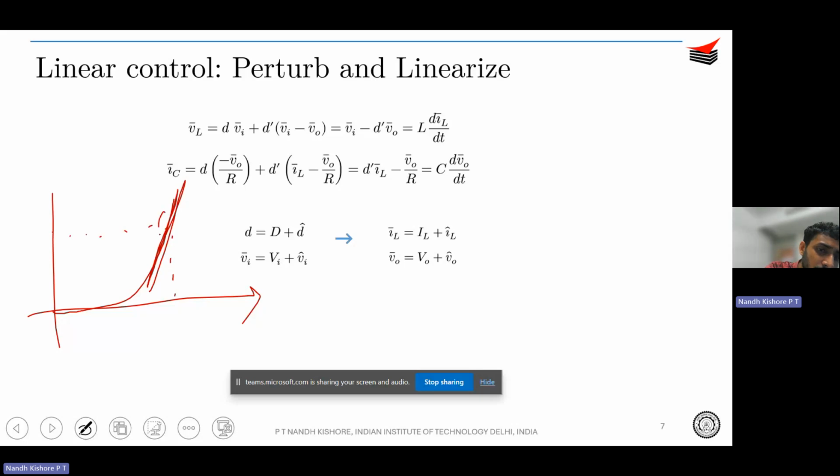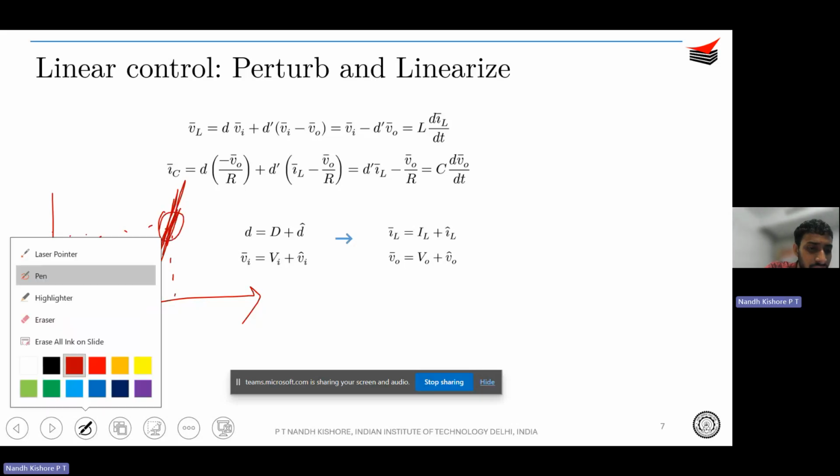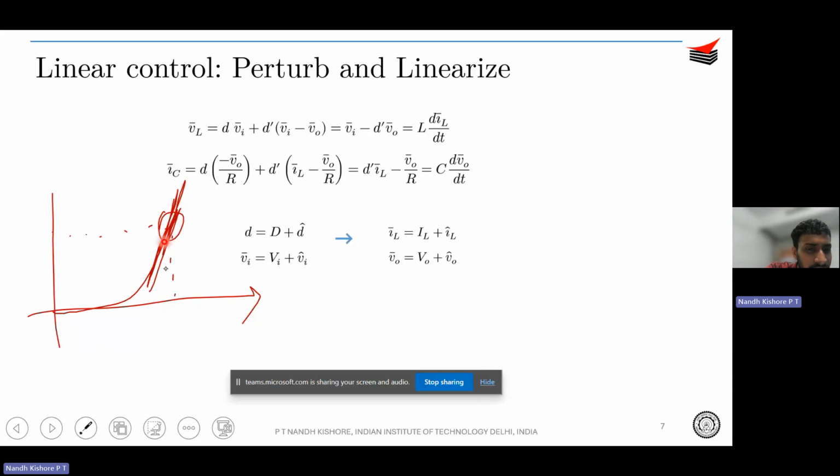Within that very small area, we assume that the characteristic is linear. Only then will we be able to write R_D equal to delta V_F by delta I_F, the forward current of the diode. That is, we linearize in the vicinity around the operating point.